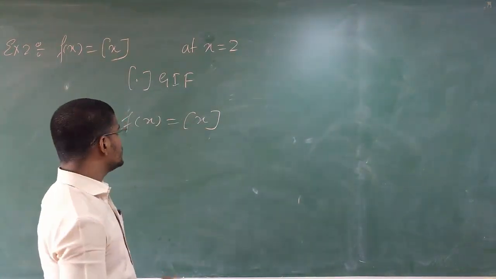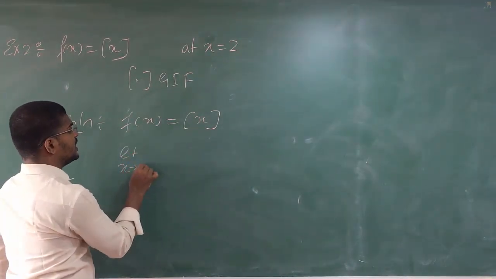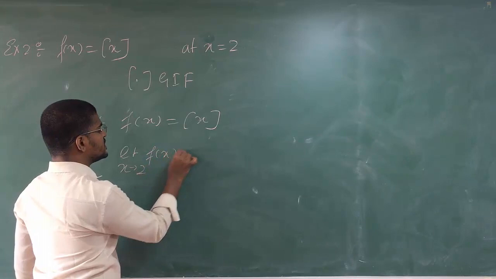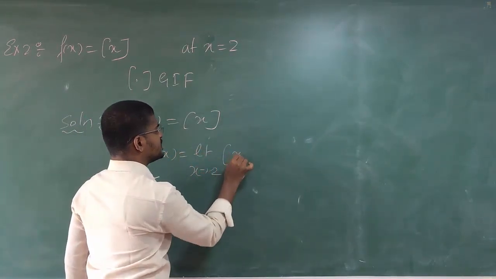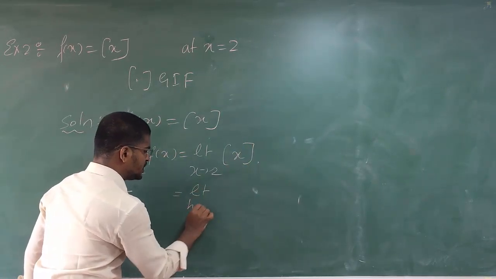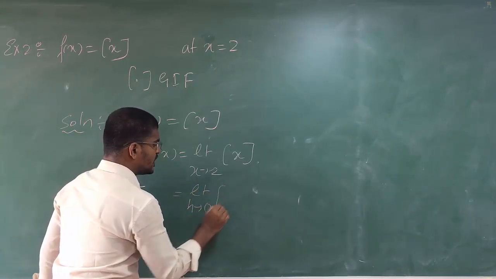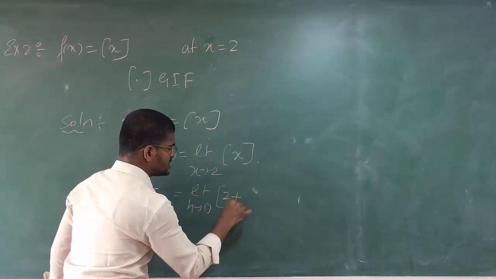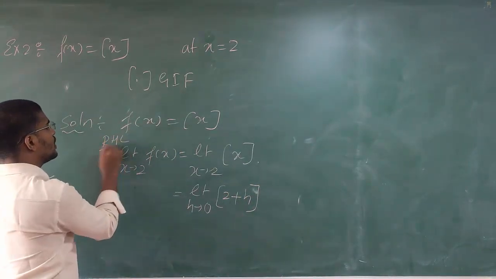So let us go for the substitution method. The limit as x tends to 2 of f of x equals the limit as x tends to 2 of the greatest integer of x. Write x as 2 plus h, with h tending to 0, that means you are calculating the RHL.